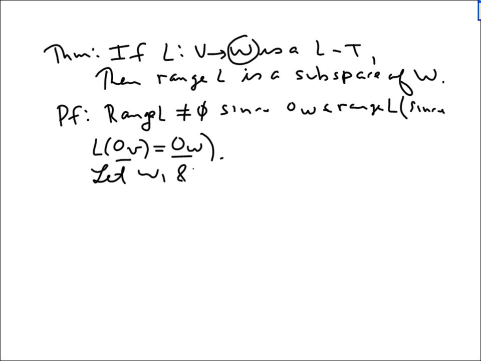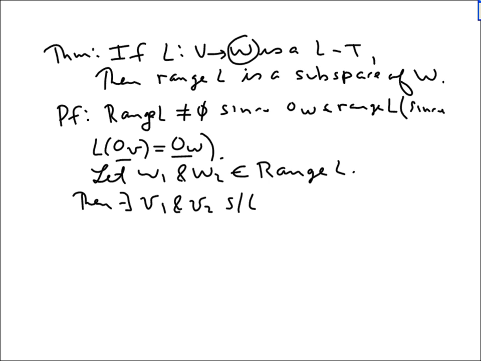Let W1 and W2 be in the range of L. Now, how did W1 get to be in the range of L? Then there exist V1 and V2 such that L of V1 gave you W1 and L of V2 gave you W2.